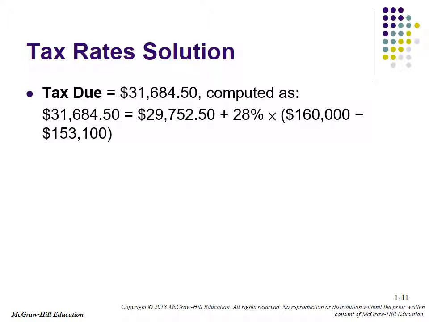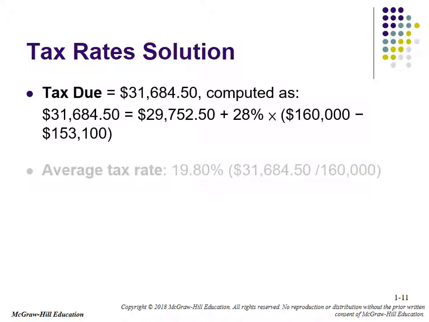That part of their income, $6,900, is multiplied by the tax rate of 28%. That's their marginal tax rate right now. So you get $1,932. If you add the $1,932 to the $29,752.50 given, you will get their tax due of $31,684.50. That's how much they owe.